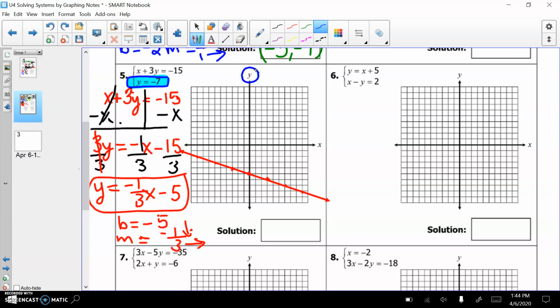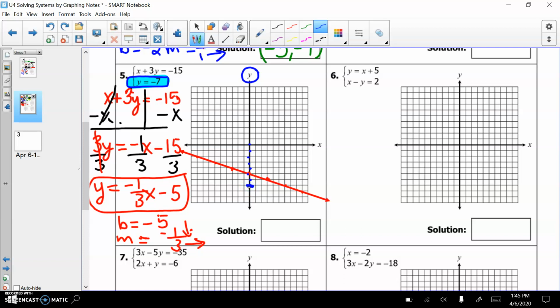And then we want to think, where is negative 7 on the y-axis? So from 0, do I go up on the y-axis to get to negative 7, or do I go down? In this case, you do go down because you want to go down to those bottom numbers. 1, 2, 3, 4, 5, 6, 7. So in this case, this one crosses right here.